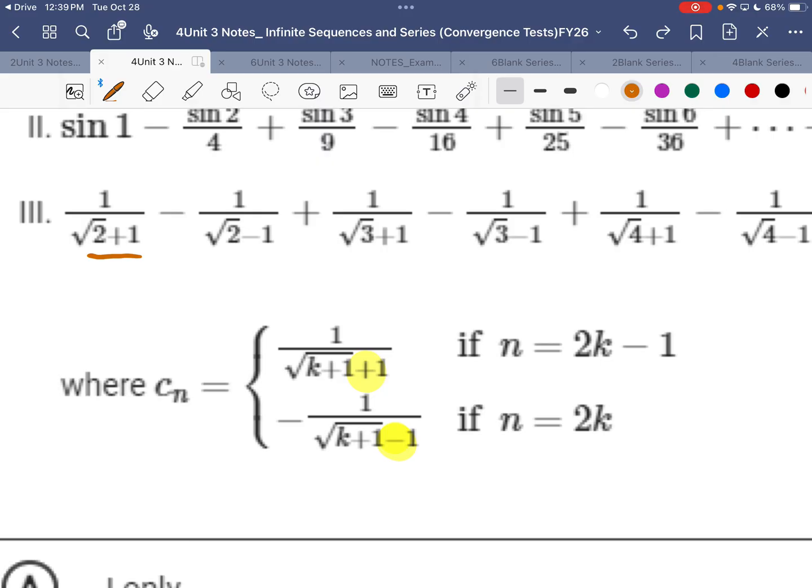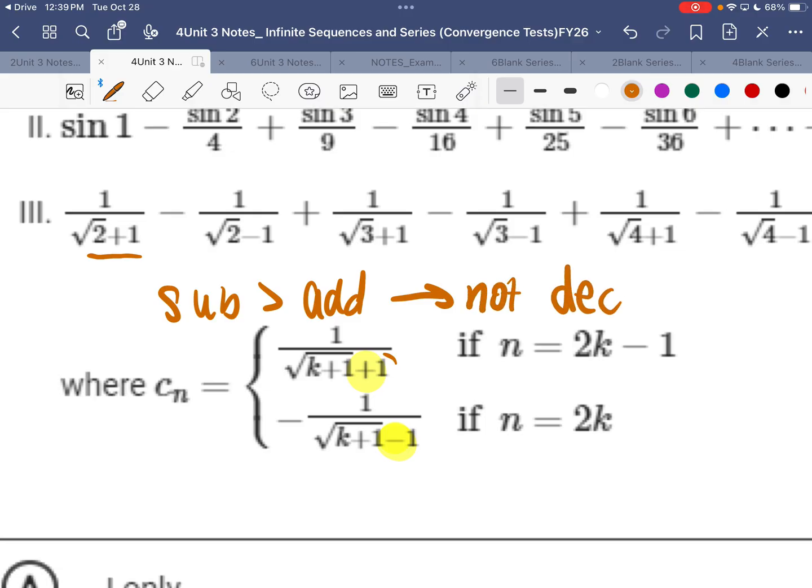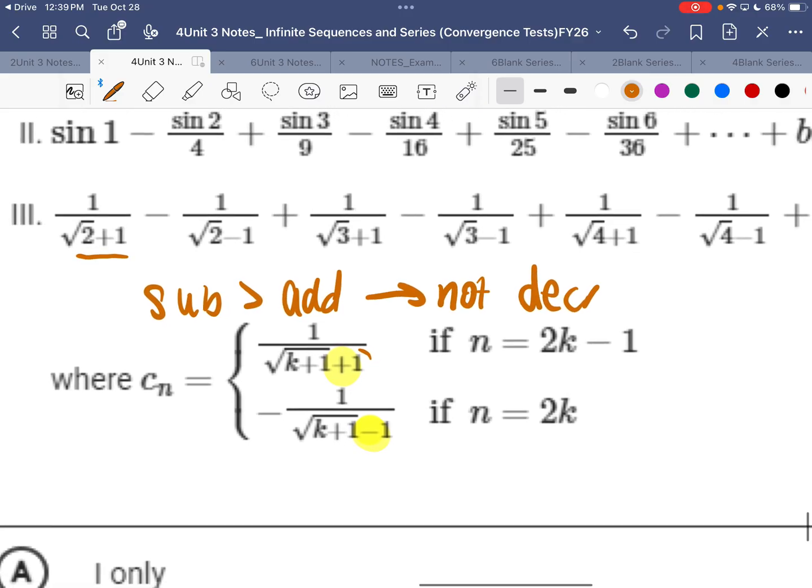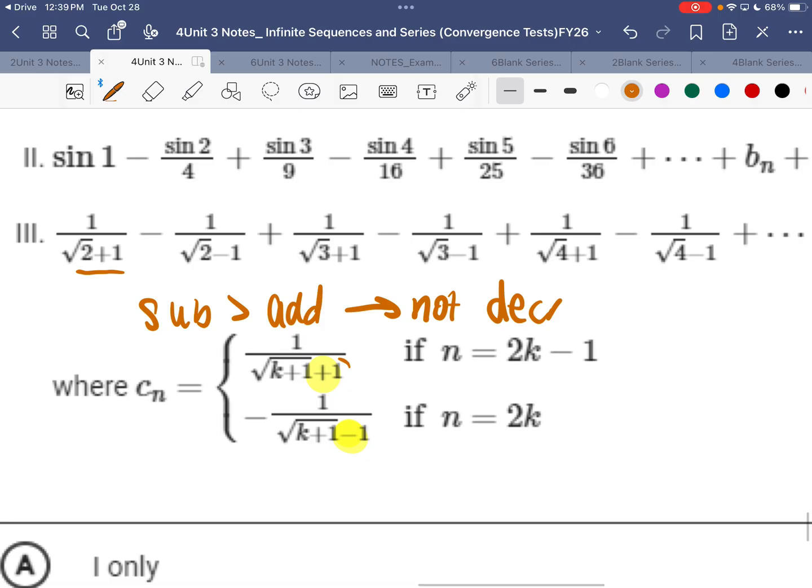But also, if you think of the subtracting term, you could just look at the bottoms. The subtracting term is actually bigger than the adding term, so it's not decreasing. You might want to actually calculate the numbers to prove that those are not decreasing, but it's not actually a decreasing function.